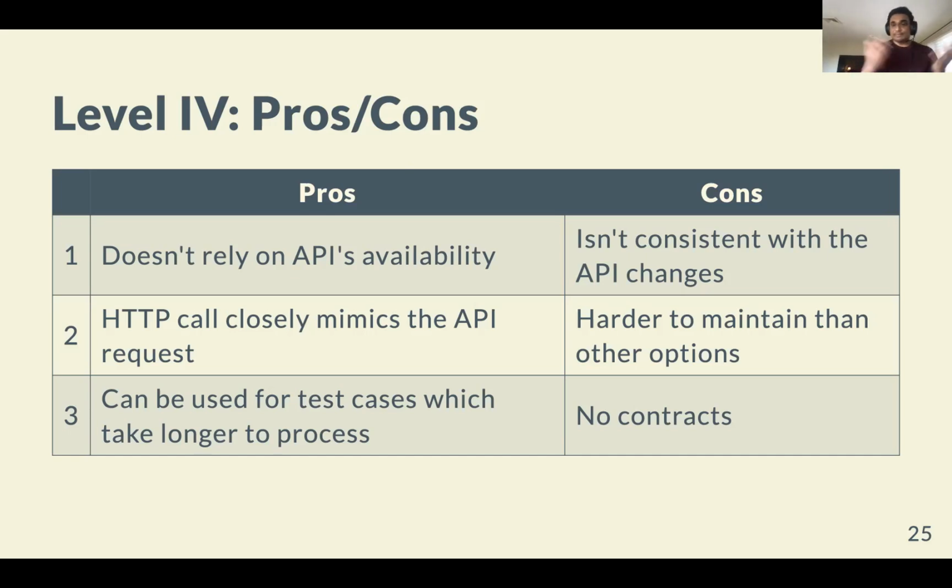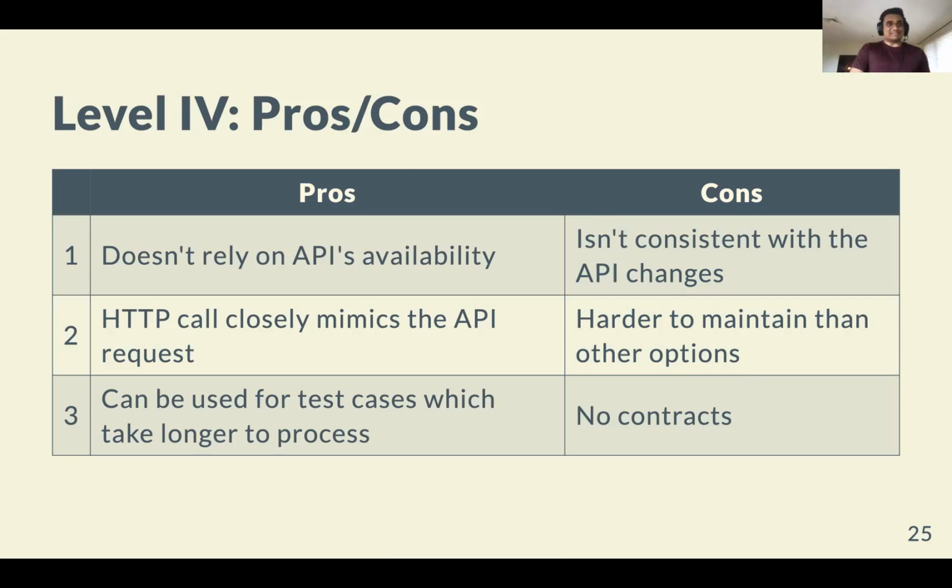Cons are it's again inconsistent with API changes. It's harder to maintain than other options because you have to write a web server, and it has no contracts. So these are basically the four levels of API testing.